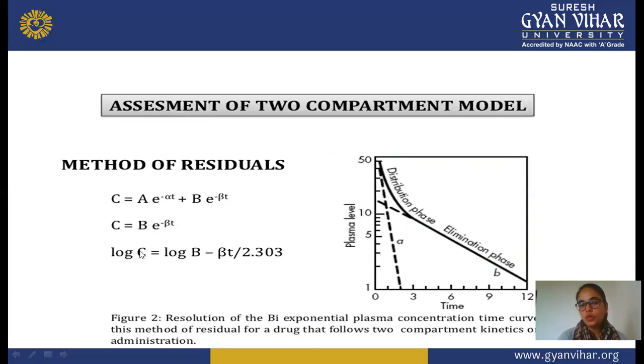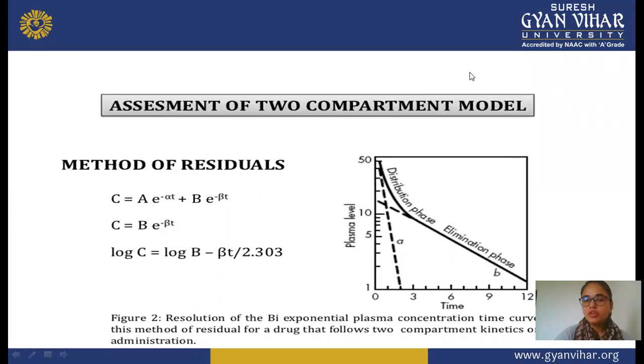When we convert it into log form, the equation is log C = log B - βt/2.303. In this, we plot time versus plasma level, and we can see that the distribution and elimination phases are in a declining phase.